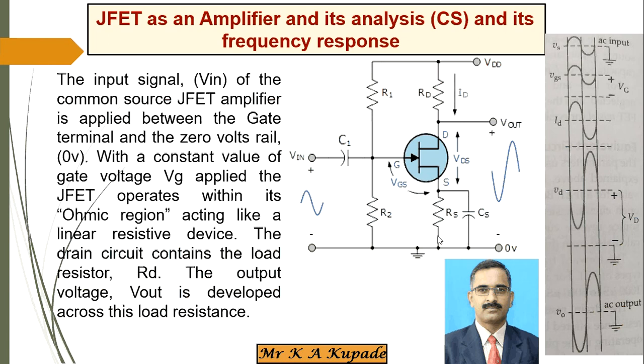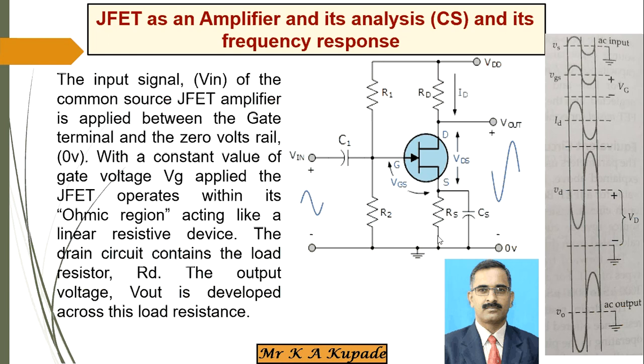Now with the constant value of gate voltage VG applied, the JFET operates within its ohmic region. The VG we have developed is a constant one, and due to the input signal and the VG voltage, the JFET operates in the ohmic region, acting like a linear resistive device.